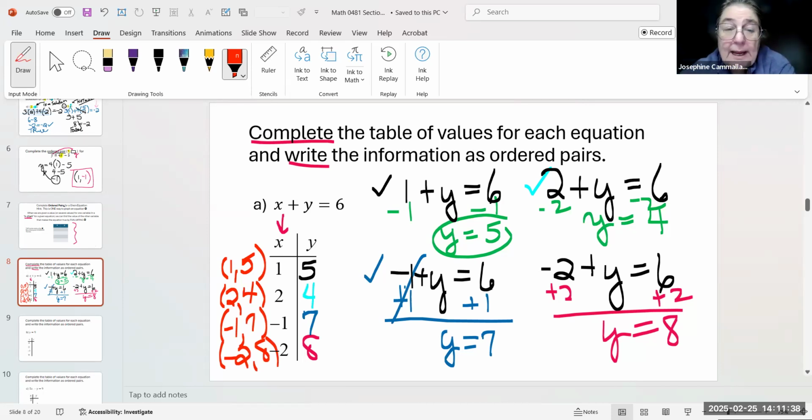If you can do it in your head, I don't have a problem with that. But if you don't, or you need a little help, writing it out doesn't faze me. I've done it too. Well, let's take a look at the next one.